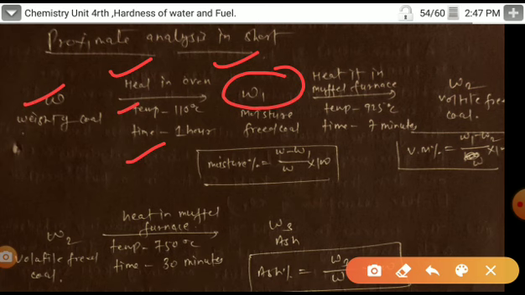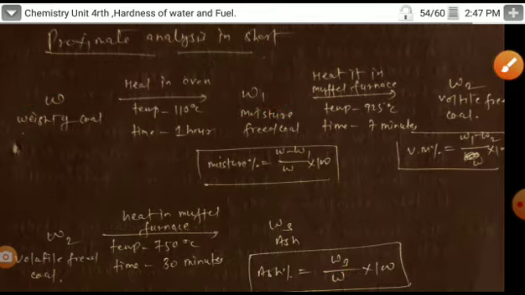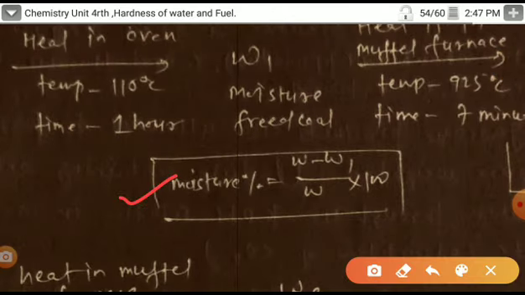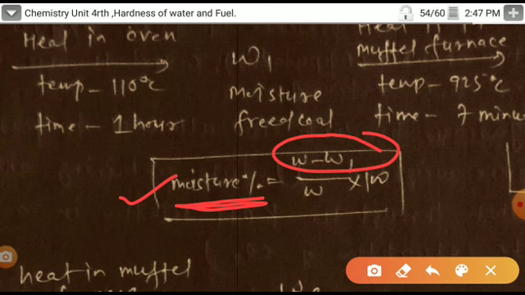So how can you determine the moisture percentage from the above statements? The percentage of the moisture is equal to w minus w1, that is the weight of the moisture in actual. Here w is the weight of the actual coal, minus w1, the weight of the moisture free coal. Then you subtract w1 from w and you get the weight of the moisture.